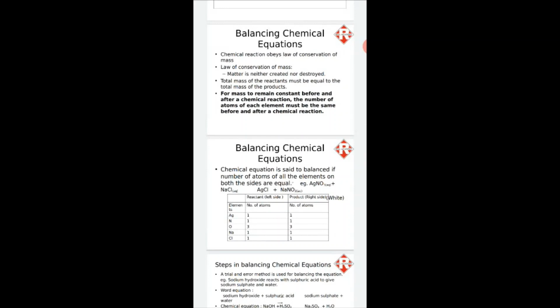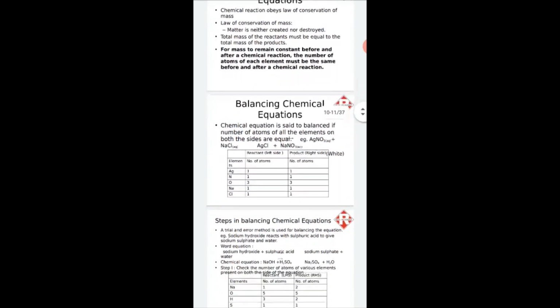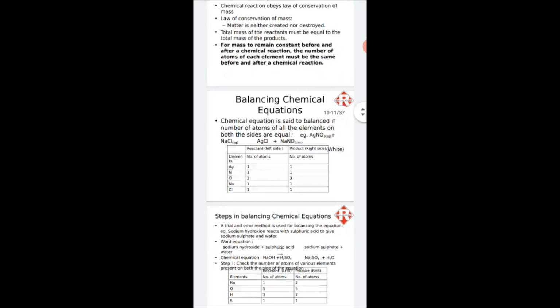Now, for mass to remain constant before and after the chemical reaction, the number of atoms of each element must be the same before and after the chemical reaction. It means after the chemical reaction, the number of atoms of reactant as well as product are always the same. Okay. Now, balancing equation. We take one example here.